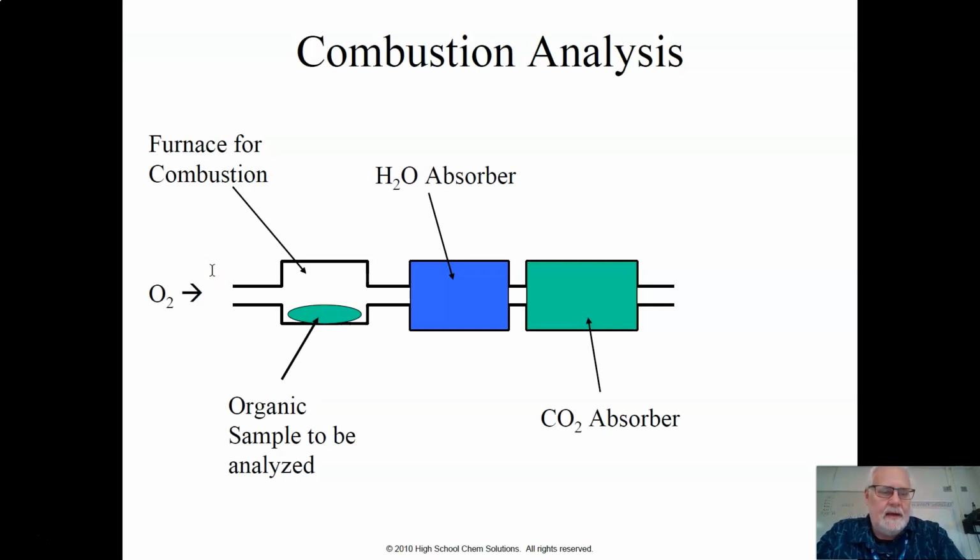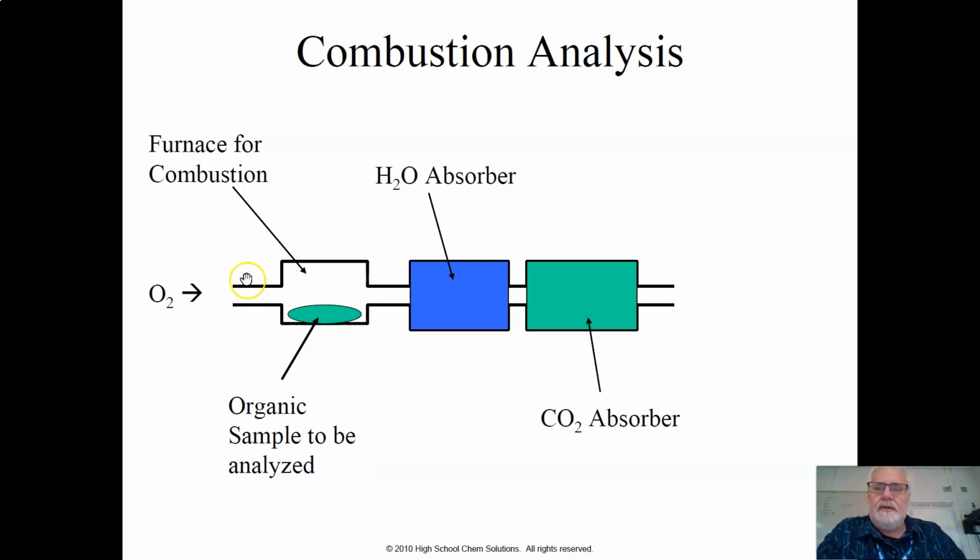This is a very common analysis that's done through combustion. You have some organic sample, and you remember from organic chemistry, carbon, hydrogen, and a lot of times oxygen. Those are the big three in terms of organic compounds that we can analyze.